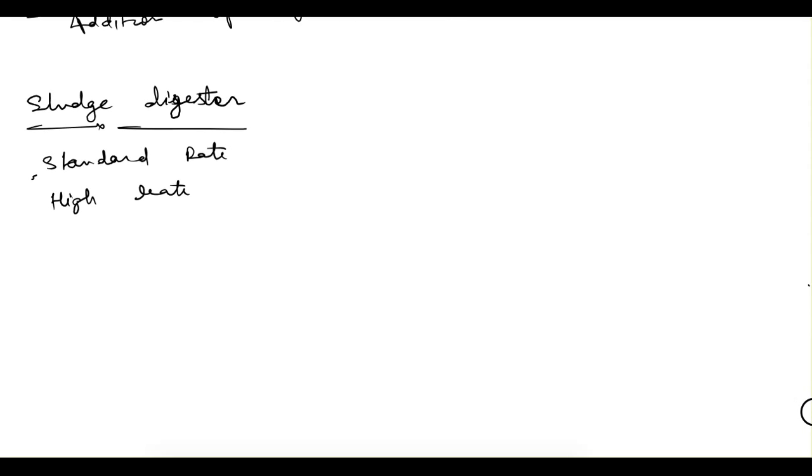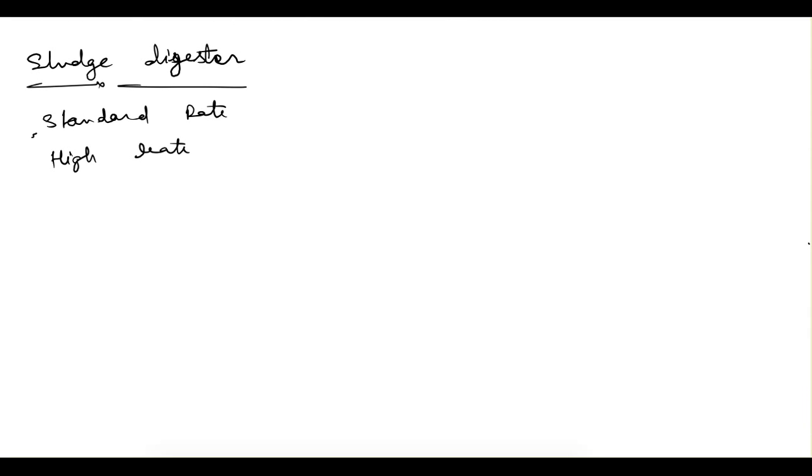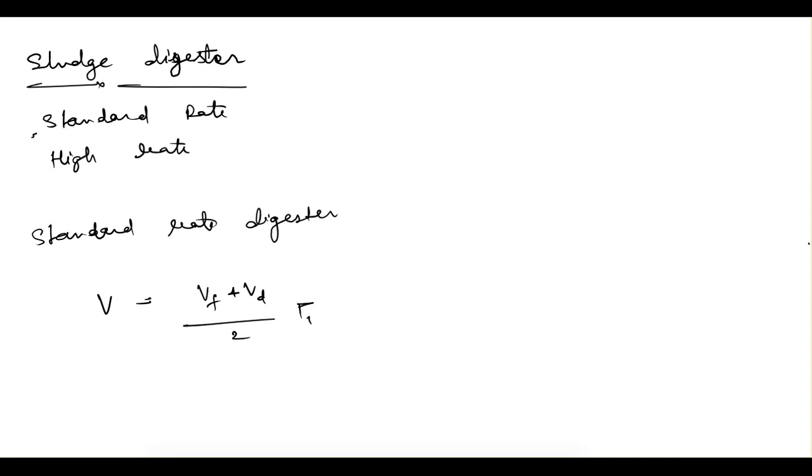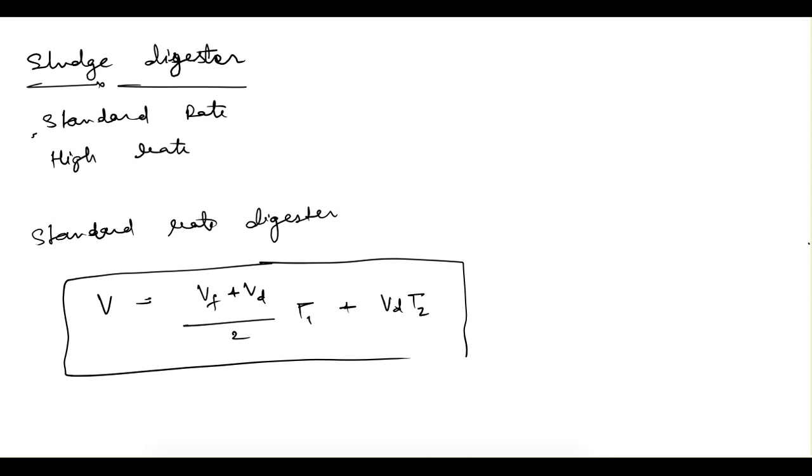I want to tell the formula for the volume of the standard rate digester. The volume is obtained as V = (Vf + Vd)/2 × T1 + Vd × T2.